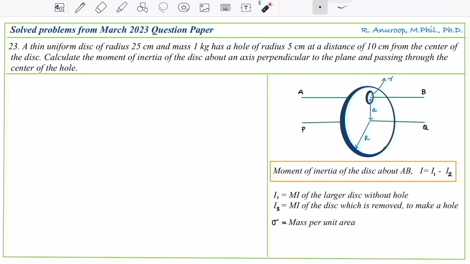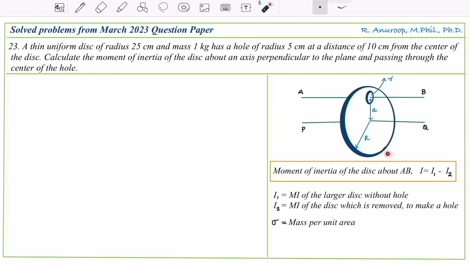In this problem, we have to find out the moment of inertia of a disk about an axis AB, which is passing through a hole which is drilled on the larger disk. That is, we have to find out the moment of inertia of the larger disk about AB. AB is an axis that is passing through the center of the hole.